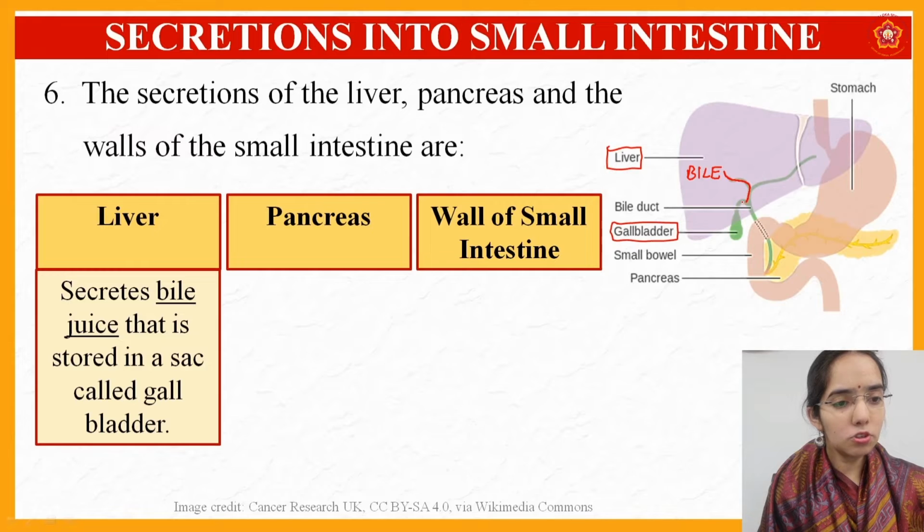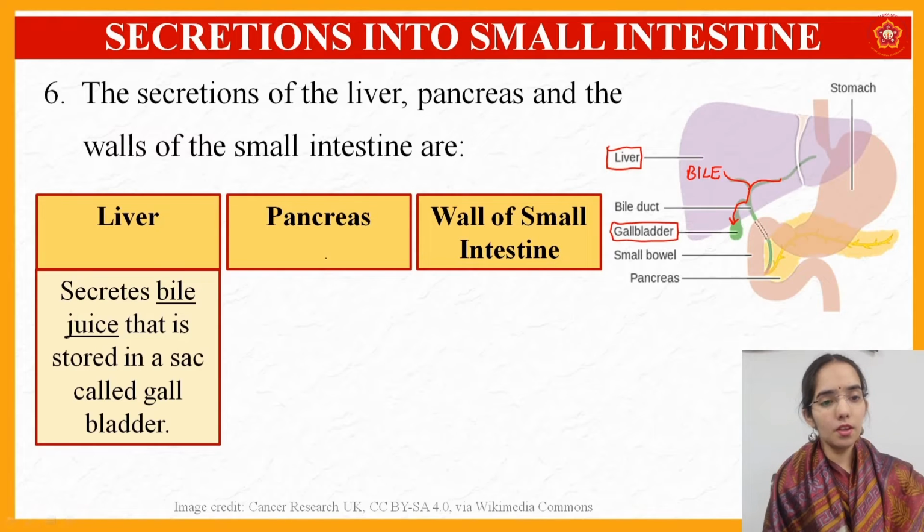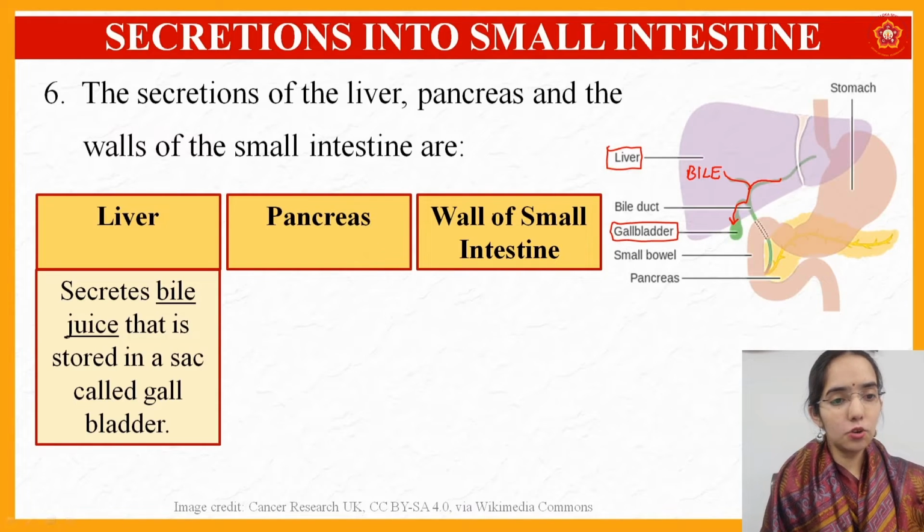Now the bile gets stored in this structure called the gallbladder. I hope you can see it over here. The bile is secreted from the liver, and then this bile gets stored in this sac-like structure called the gallbladder.